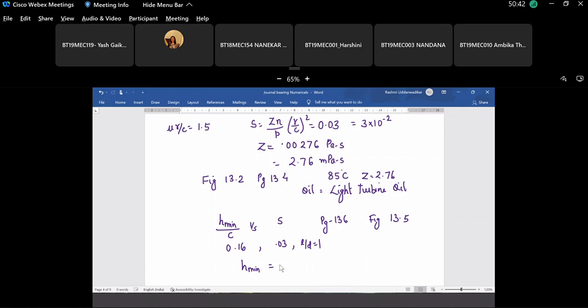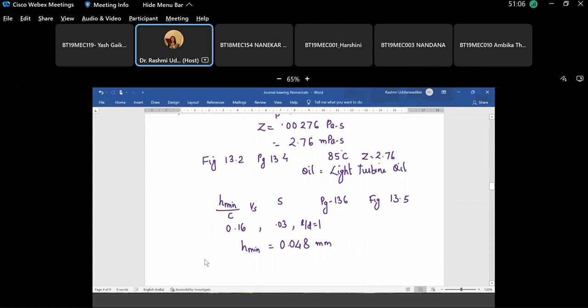Give me H minimum. 0.048. This is in mm, right? Now whether this is termed as thick film lubrication or not, we'll refer to page number 130, design data book, table 13.5.